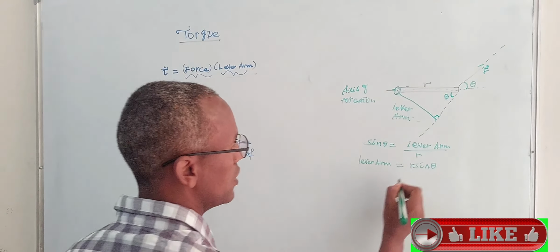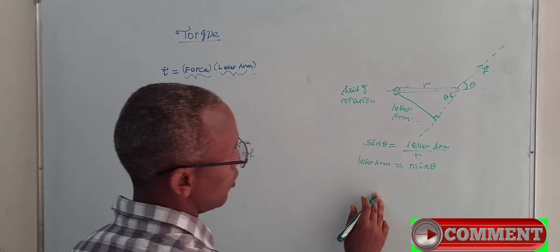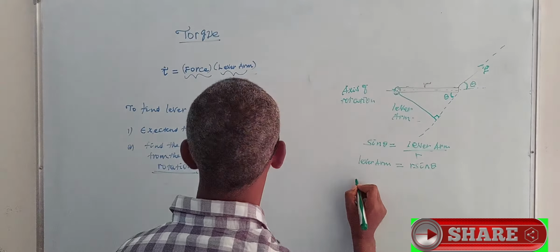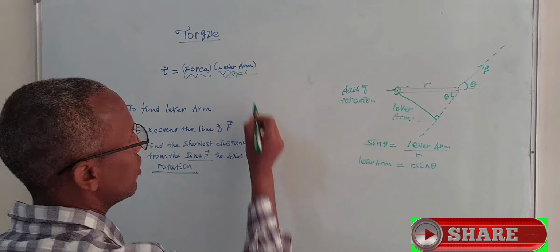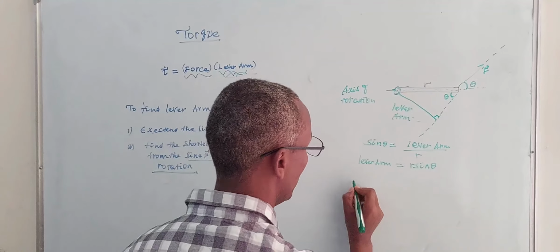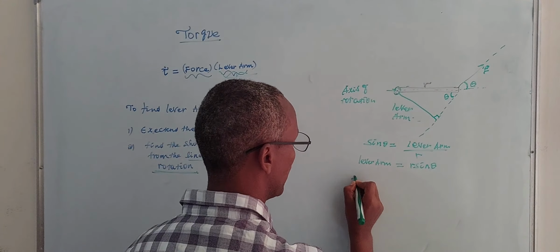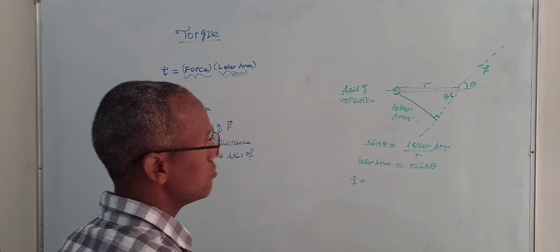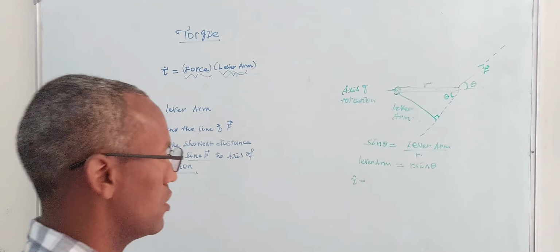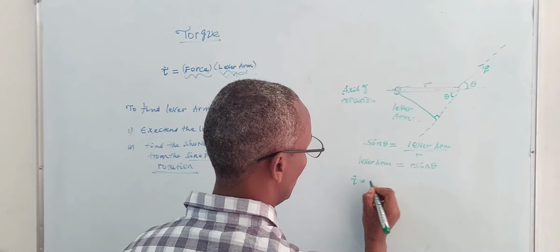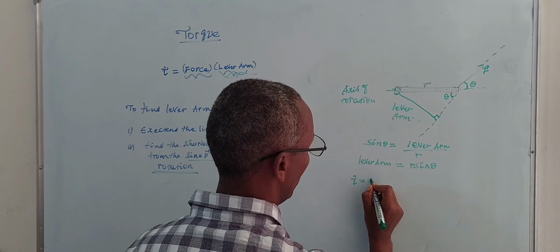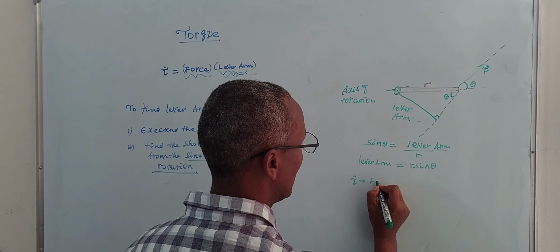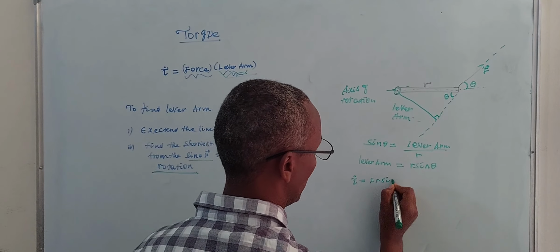So that is it. And from here, as you can see, this is the lever arm, meaning that the torque of an object, which causes rotational motion, is equal to the force multiplied by the position times sine theta.